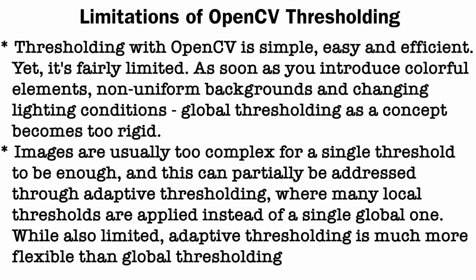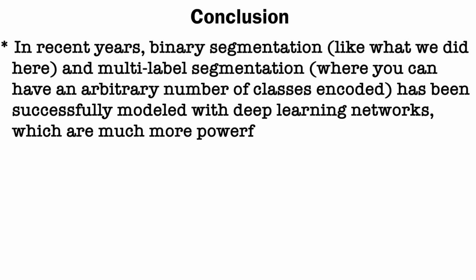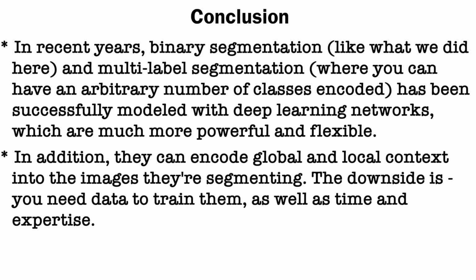While also limited, adaptive thresholding is much more flexible than global thresholding. Now, in conclusion of thresholding, in recent years, binary segmentation like what we did here and multi-level segmentation, where you can have an arbitrary number of classes encoded, has been successfully modeled with deep learning networks, which are much more powerful and flexible.